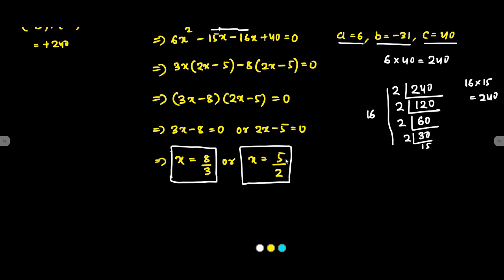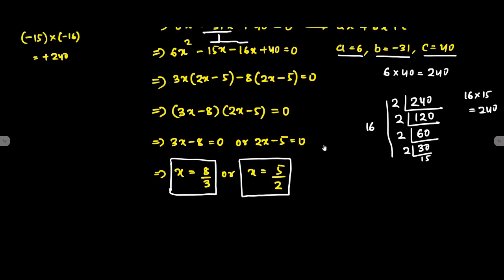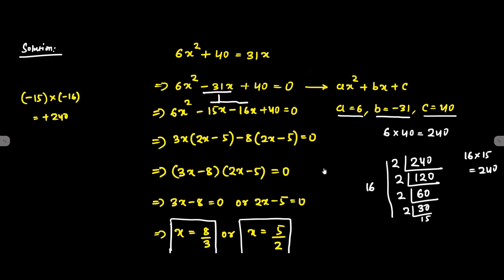So again, always remember, whenever you are a bit confused about how to split the middle term in an appropriate way, such that the product of the two split terms equals the product of the two extreme terms a and c, always go for factorization. Sometimes it does not come quickly. When you factorize the product, you get the different factors, so the appropriate combination can be used to split the middle term, like we did here.